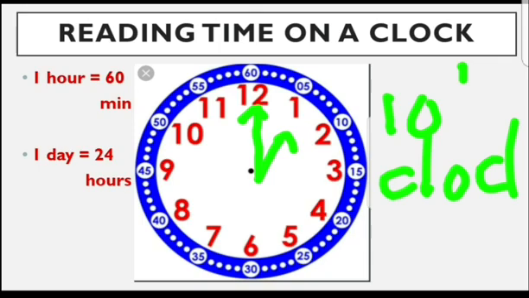And when this hour hand is on 2, that is 2 o'clock. And if it is at 5, so it is 5 o'clock. So this way we read time when the minute hand is at 12 and the hour hand is on any other number from 1 to 12.